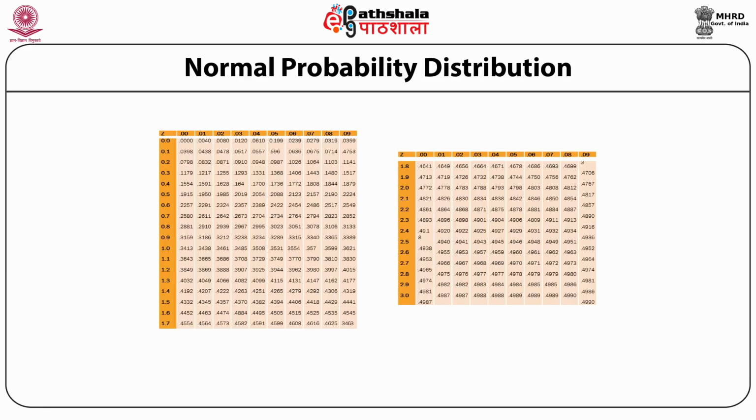The last entry for Z values is 3.0, and horizontally we see that Z takes values 0.00, 0.01, 0.02 and like this up to 0.09.